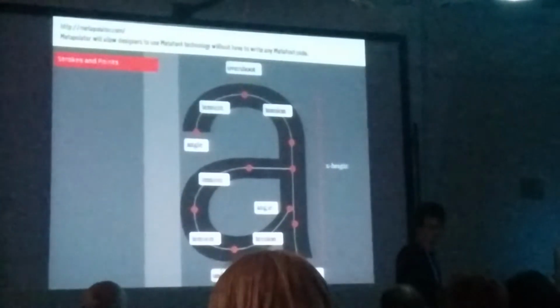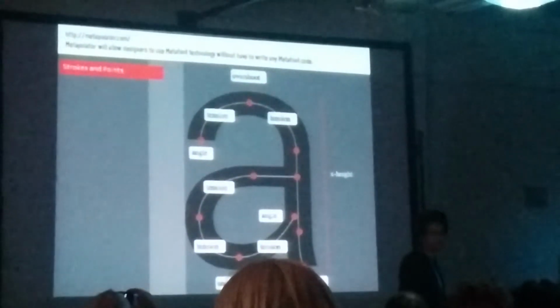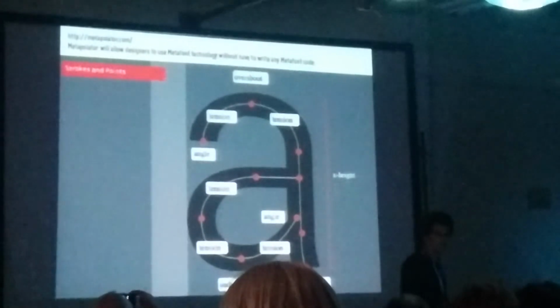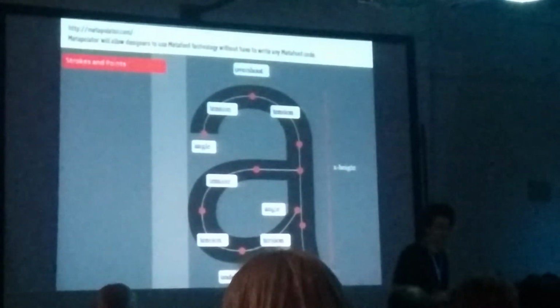And this project is continued by the same people. You also may know it because they just had a crowdfunding campaign. I should mention that both of them are based on Metaform. So also here, the promise they made is that the Metaoperator will allow designers to use Metaform technology without having to write any Metaform.